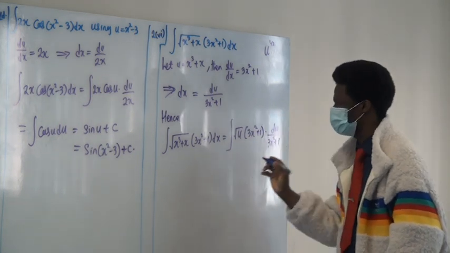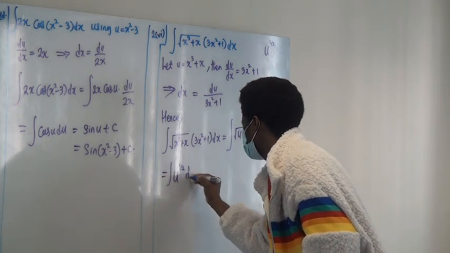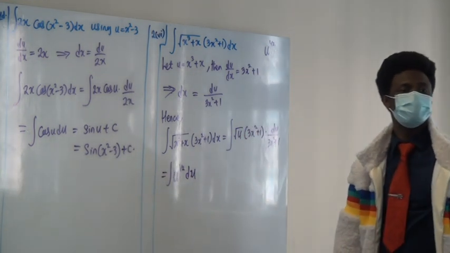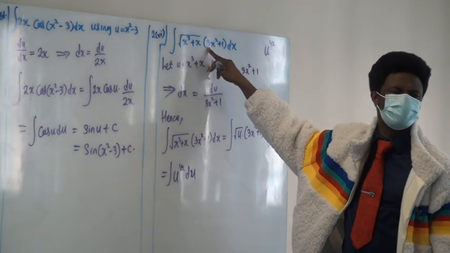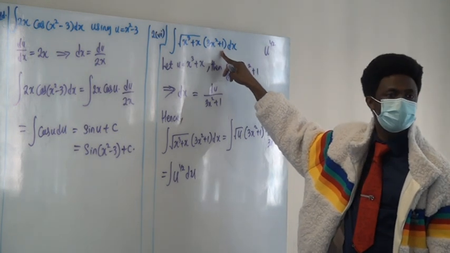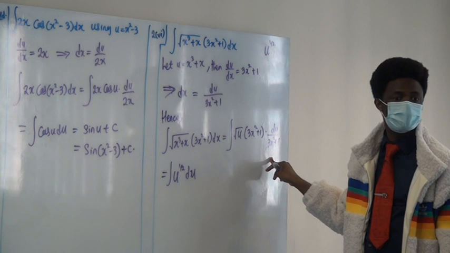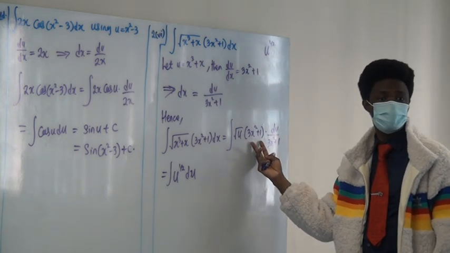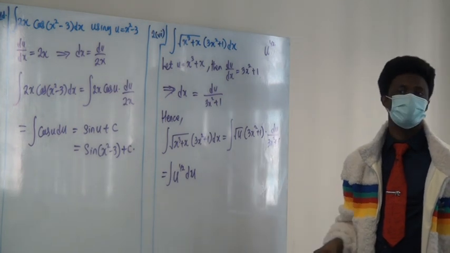And when that is gone, the problem is now transformed into u to power half du. Yes? So what I'm trying to say is that this could have been something like 6x squared plus 2. So when you get here, you won't see that cancellation easily. Then you have to factorize 2 out of here. You do your cancellation, 2 escapes, and you continue.